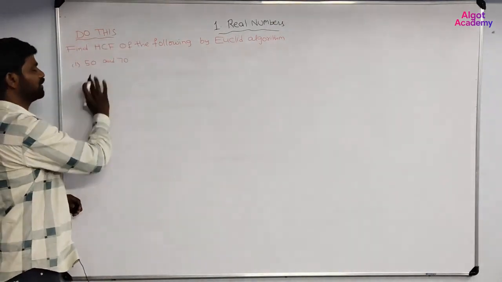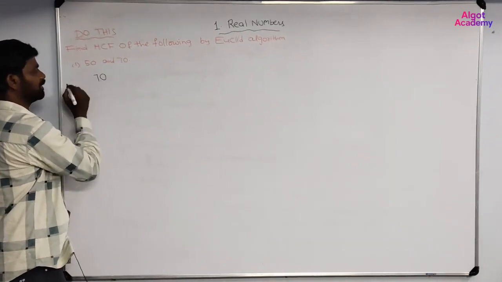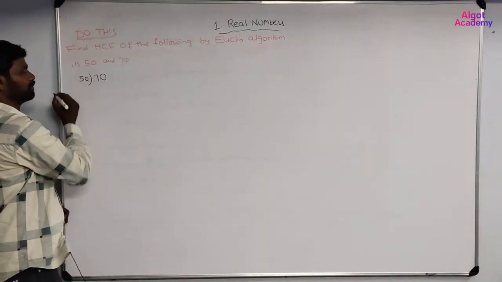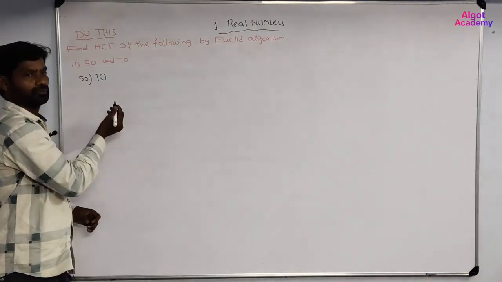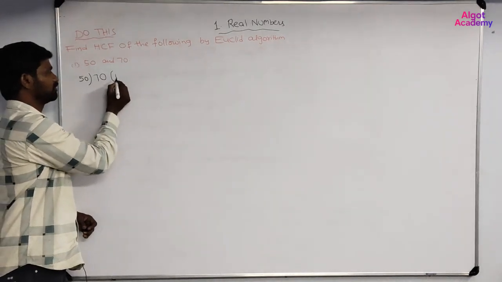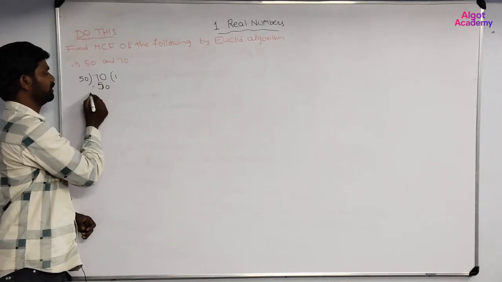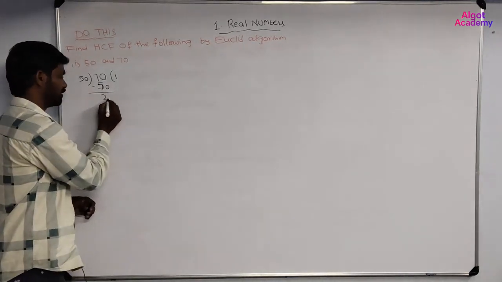In 50 and 70, the highest number is 70. So 70 is divided by the number 50. 50 ones are 50. Now subtract, 70 minus 50, it is 20.